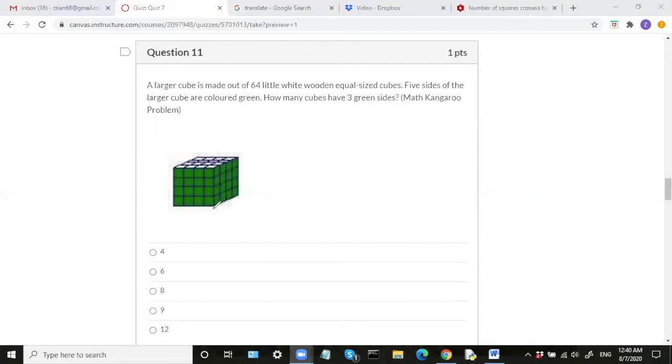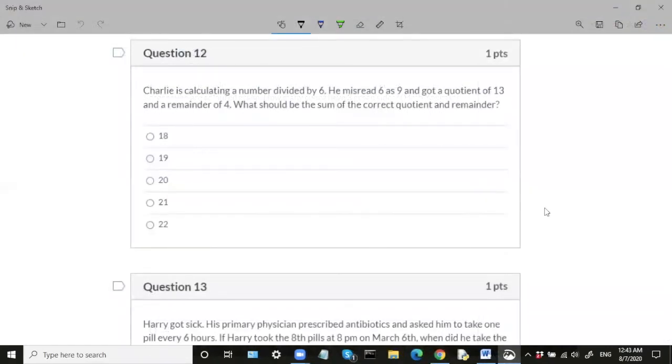So this is 1, that is also 1, and this corner cube is also 1. We have 1 in the back. So the total is 4 cubes with 3 green sides. The answer is A.